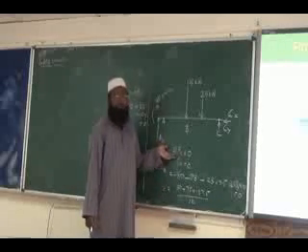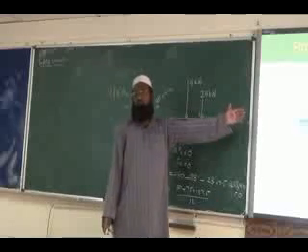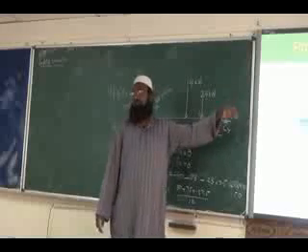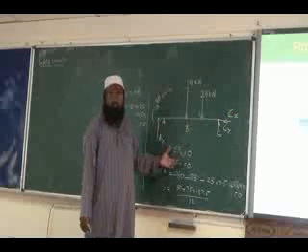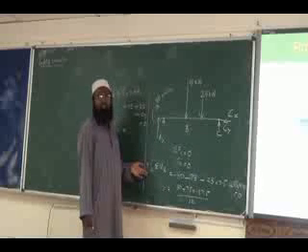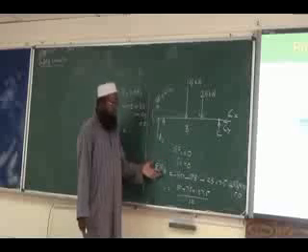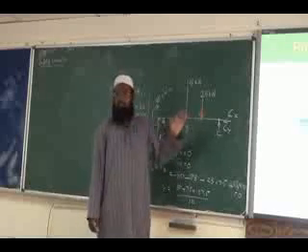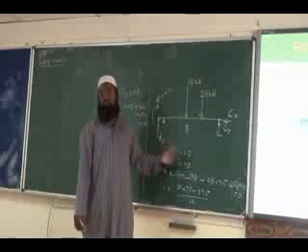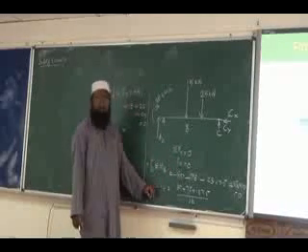So first we see that Cx is 0 because there is no horizontal existing action force or reaction force. So the net force acting on the system should be 0. So Cx is 0. Then take moment of all the forces about A to find out Cy. You can take moment of all the forces about C also to find Ay first. I have taken moment of all the forces about A to find out Cy.